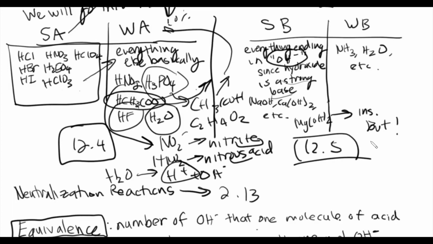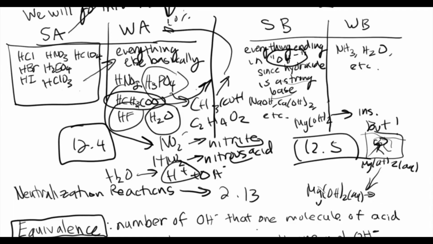the amount that dissolves, so this tiny amount of magnesium hydroxide that dissolves, so we'll put an aqueous there, that little amount that kind of just dissolves in water, all of that will dissociate, and in this case I use the word dissociate because upon contact with water, we already know that magnesium hydroxide is composed of anions and cations, so all that's happening is that they're being separated, and there's no sort of ionization going on where things are gaining or losing charges because the charges were there in the first place because this is a salt.